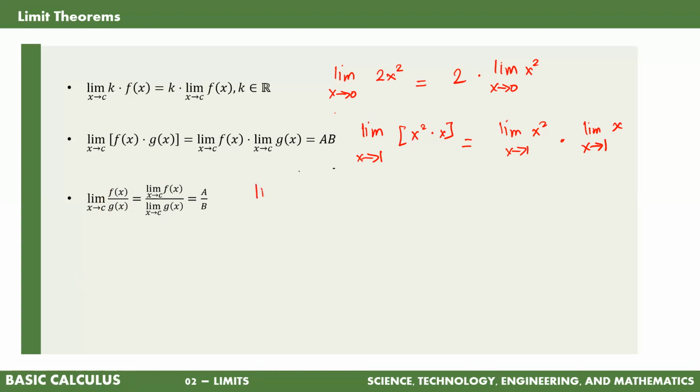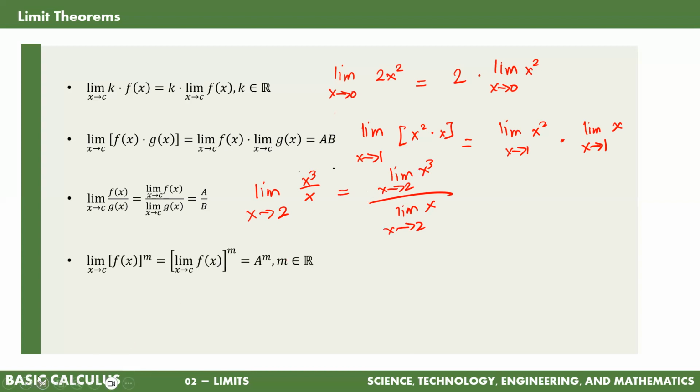So, example, meron kang limit of x cubed over x as x approaches 2. So, equal siya sa limit of x cubed as x approaches 2 over the limit of x as x approaches 2. Okay? So, hindi muna natin ini-evaluate. Pinapakita ko lang sa inyo yung theorems.